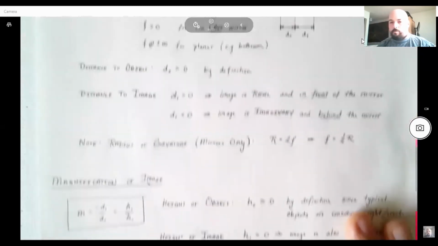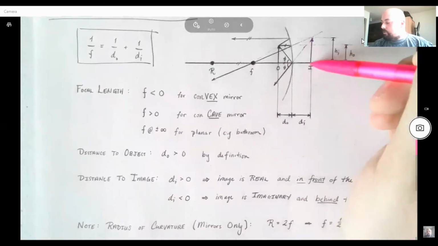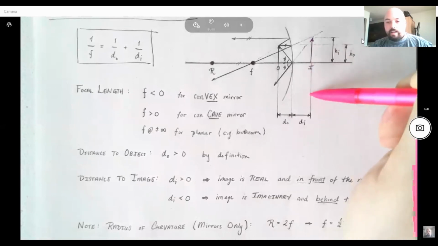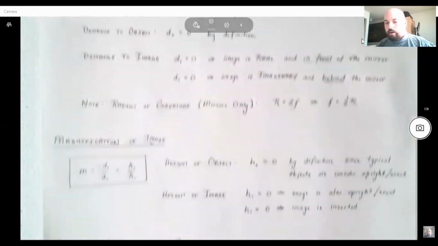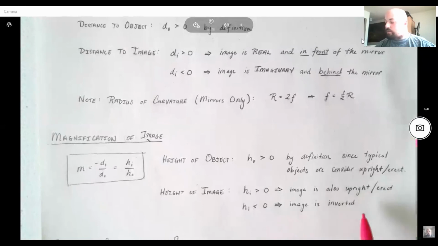If we look up above here, if this object or this image was instead drawn in that direction, this would be a negative height for the image itself. Right? That just means the image would be inverted.